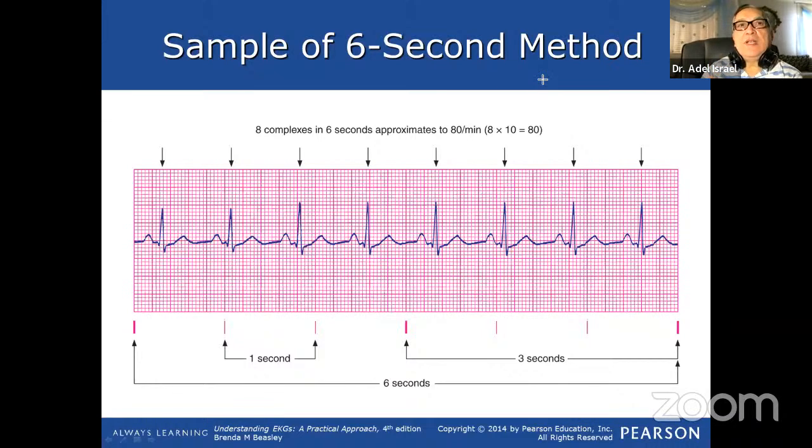I will repeat the 5 steps again. Step 1, I need everyone to make a small paper and stick it in front of you when we practice on strips, to answer the 5 questions in order. Number 1, the heart rate, we did. Number 2, is it regular or not, we did. Then the criteria of the P wave, then the criteria or the time of the PR interval, and lastly, the QRS.